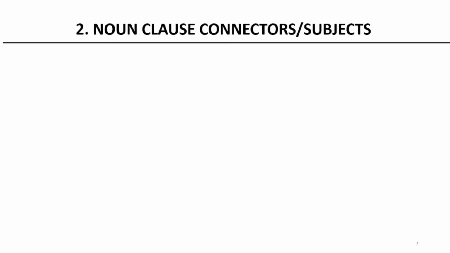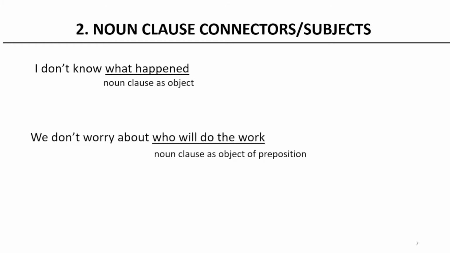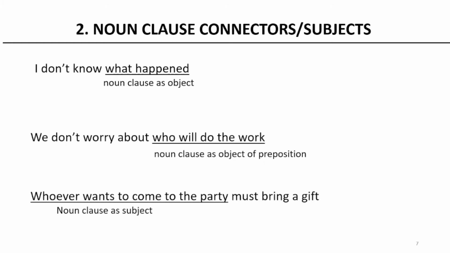Okay, now let's continue to talk about noun clause connector-subjects. Before, we learned noun clause connectors only, but here are connectors and subjects. For example: I don't know what happened. We don't worry about who will do the work. Whoever wants to come to the party must bring a gift. So here we have I don't know and what happened.